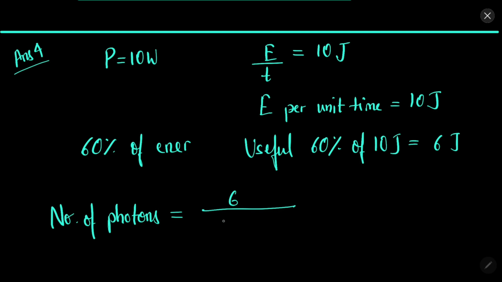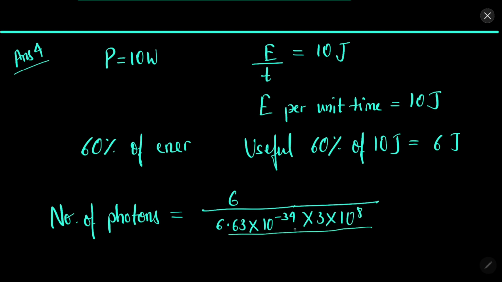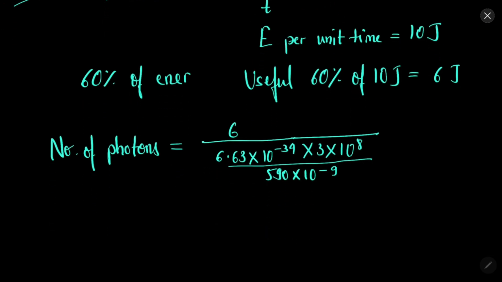So ultimately the number of photons will be the energy, that is 6 joule useful energy, over 6.63 into 10 to the power minus 34 into 3 into 10 to the power 8 over 590 nanometer. So number of photons will be equal to total energy over the energy of one photon.